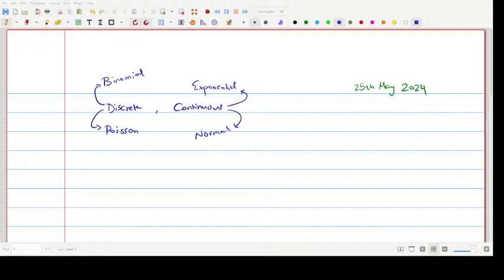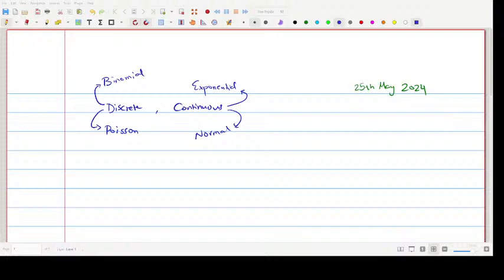Now without further ado, I would want to get into the crux of the matter, and let's start solving a few problems and trying to understand how we can apply probability theory in solving them.